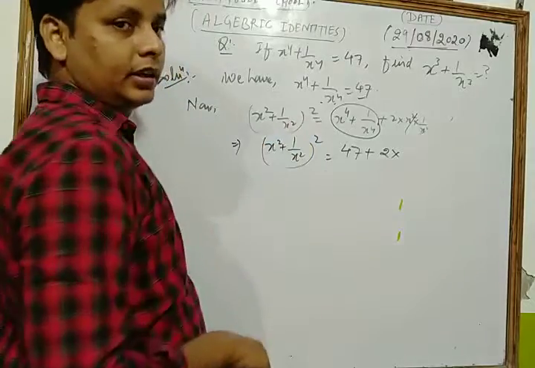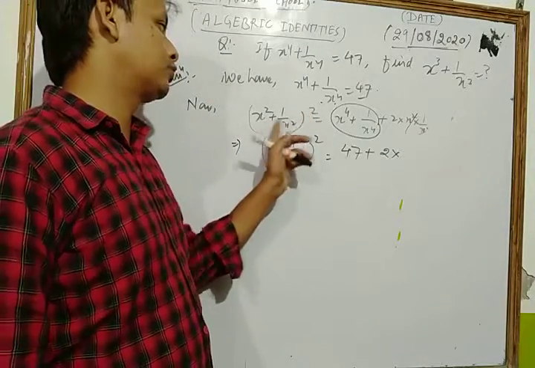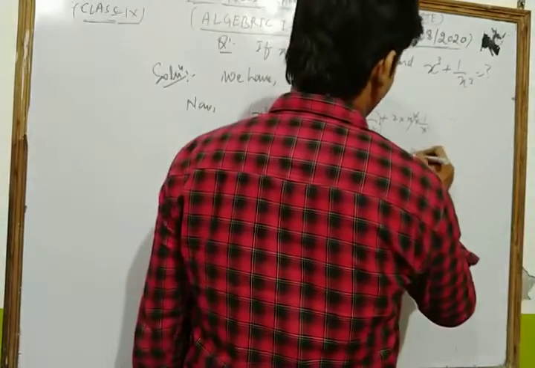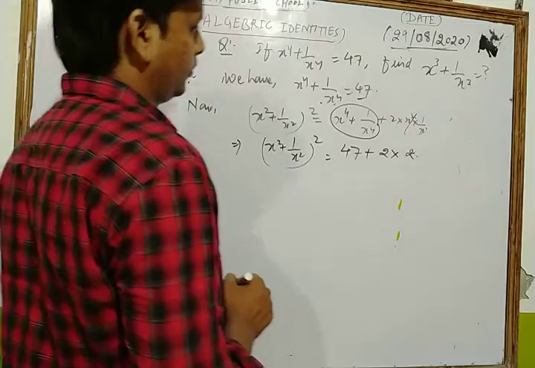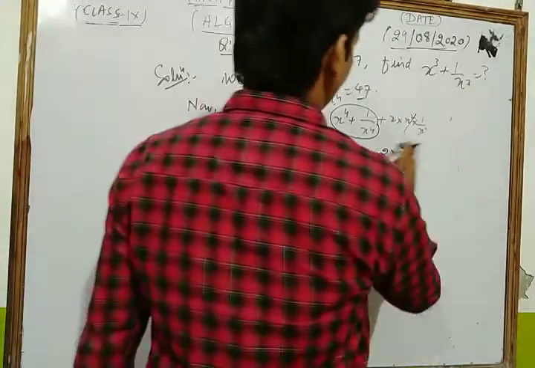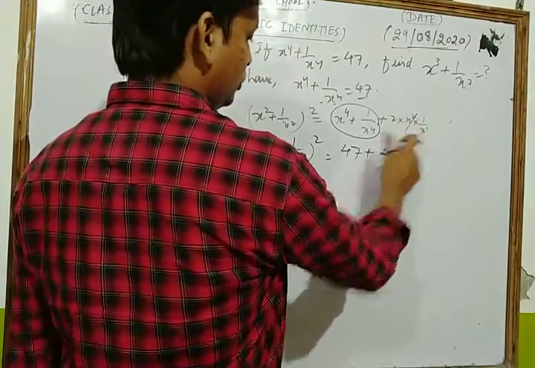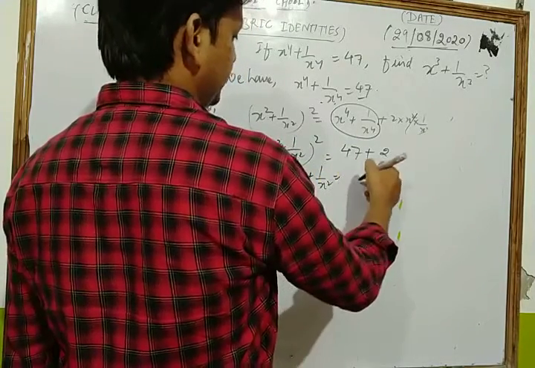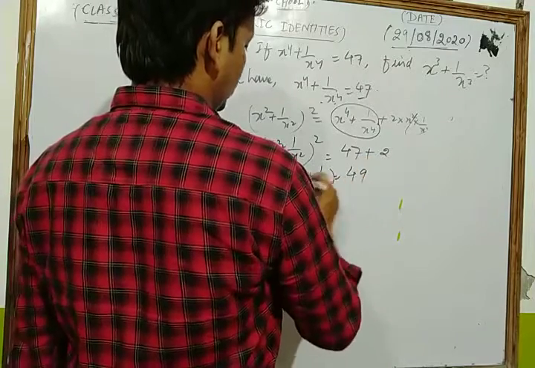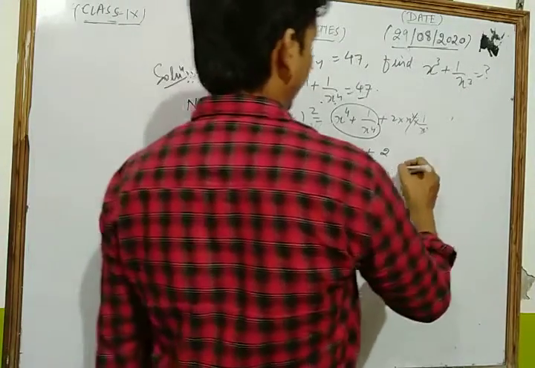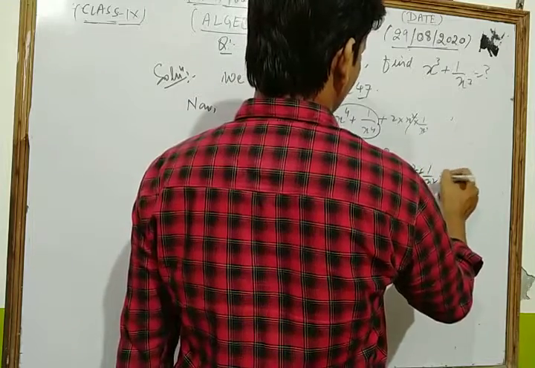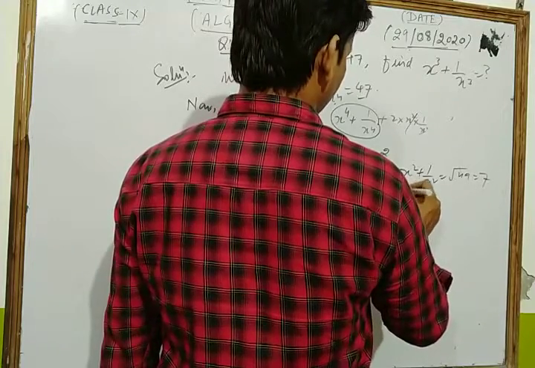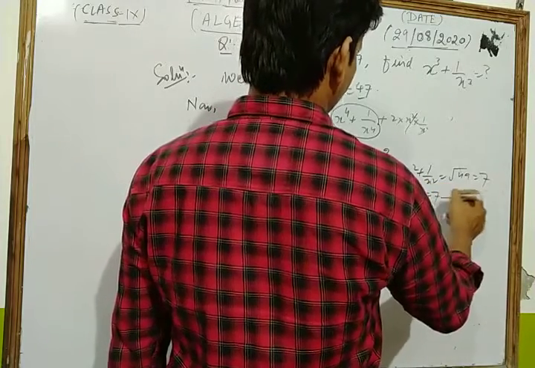Only 2ab, because here we write a whole square, so a square plus b square plus 2ab. So x square plus 1 upon x square is equal to the square root of 47 plus 2, which is 49, that is 7. So the value of x square plus 1 upon x square is 7. Take this as equation number 1.